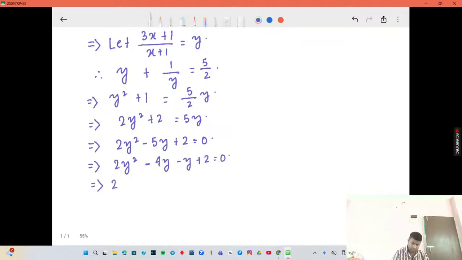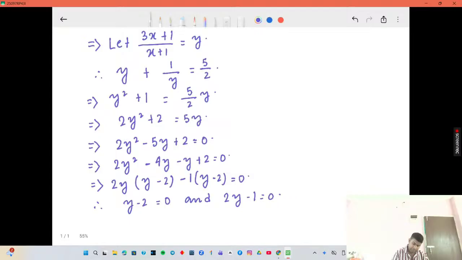So 2y common, (y minus 2)(2y minus 1) is equal to 0. Therefore, y minus 2 is equal to 0 and 2y minus 1 is equal to 0. Therefore, y is equal to 2 and y is equal to 1/2.